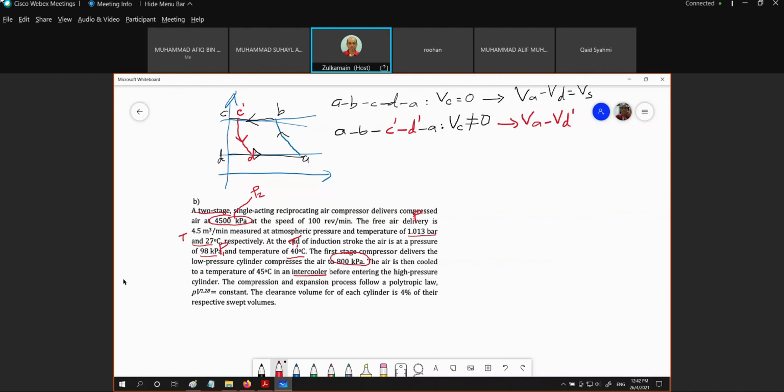So right now, what we are going to do is to sketch our schematic diagram of the compressor. I'm not going to draw in detail. I'm just going to put the compressor as a box. So this is the low pressure side of the compressor. This is the high pressure side of the compressor. We're going to have the intake right here, and then the delivery right here, and then we have our intercooler.